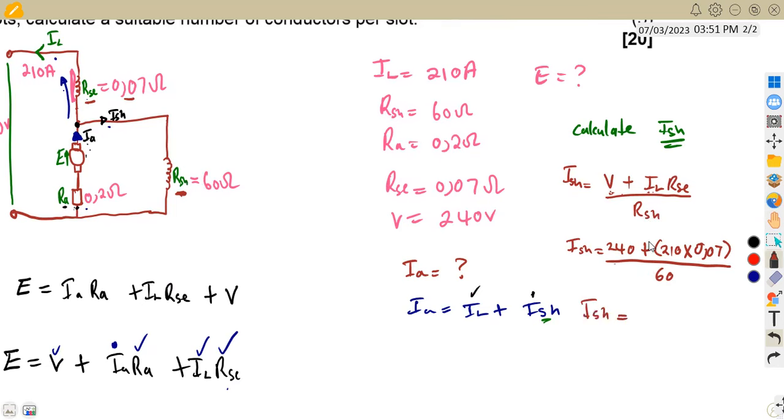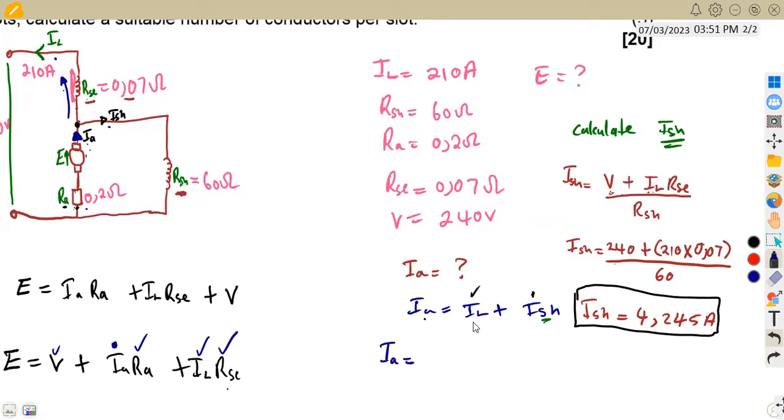All right, so let us take this into consideration. That will be something like 4.245 amps. So this is our shunt current. Remember, this was the missing value in order for us to obtain the armature current. Now we can determine our armature current.